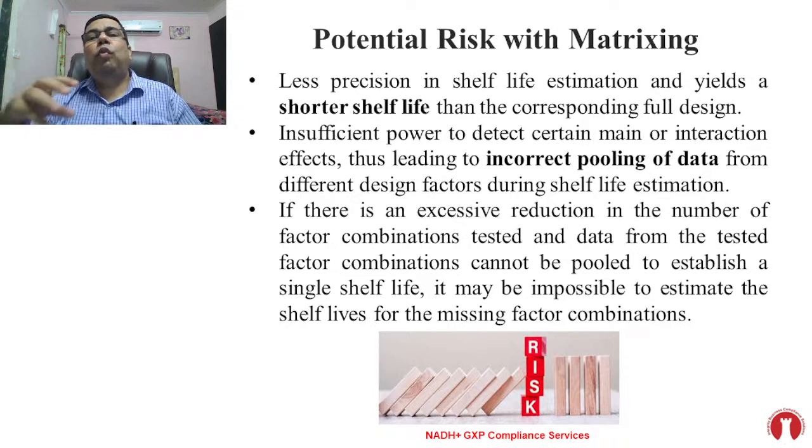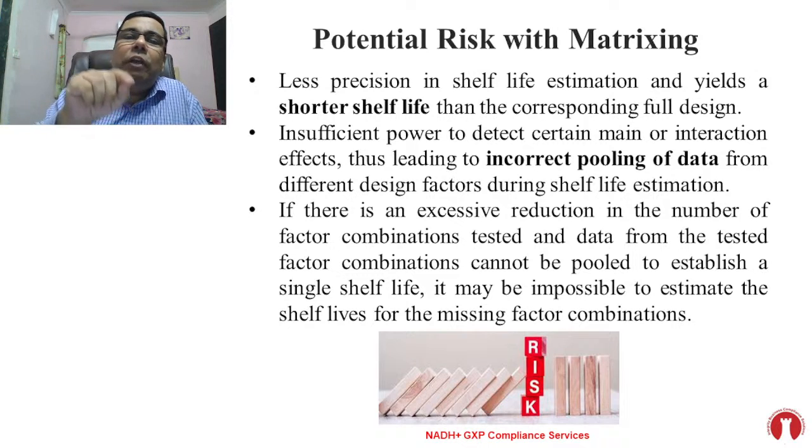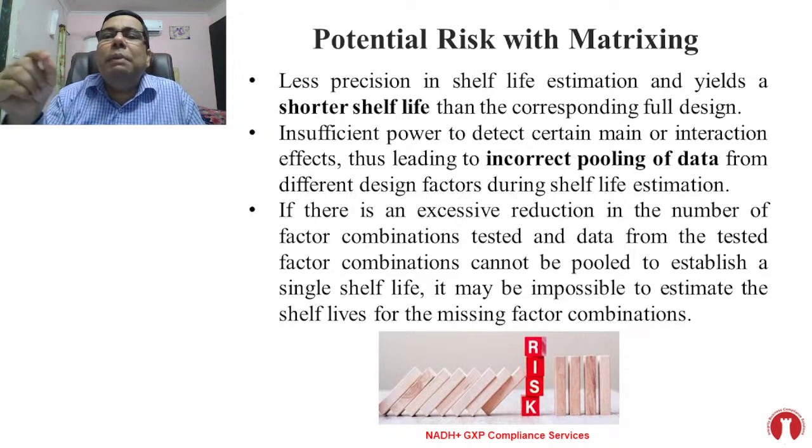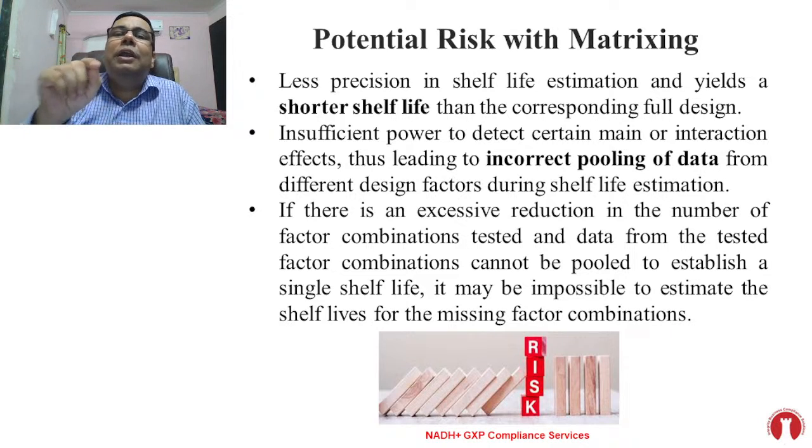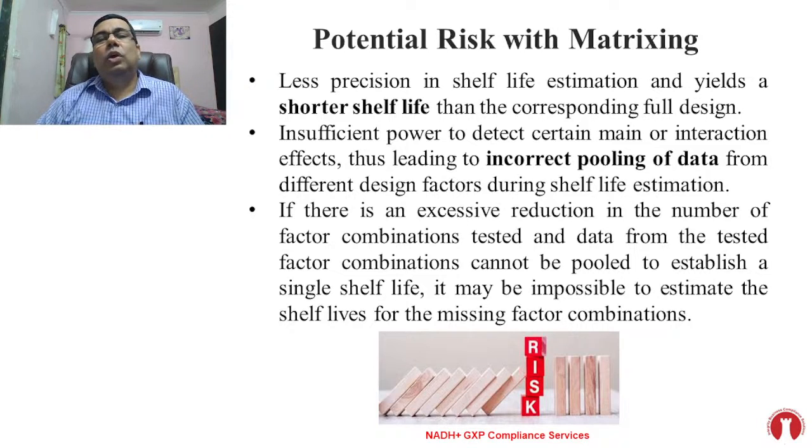But the point is, if you follow excessive reduction in the number of factor combinations tested, data from the tested factor combinations cannot be pooled to establish a single shelf life. It may be impossible to estimate the shelf lives for the missing factor combinations. So if you miss any factor combination, you may not be able to assign a proper shelf life. This is the problem when you perform a maximum reduction in the sample testing.